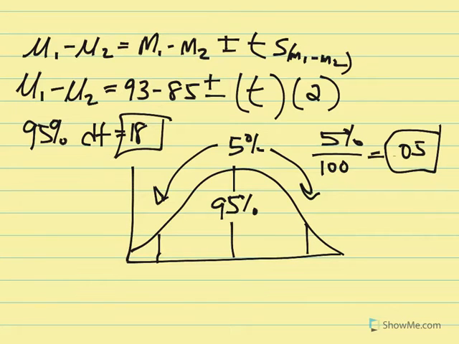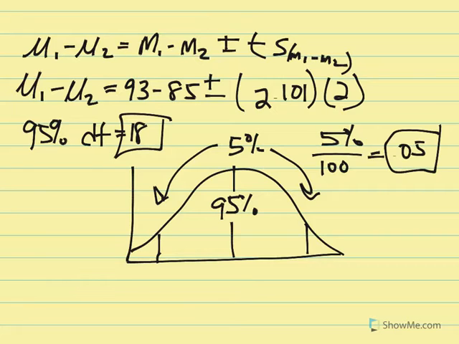Okay, so now we have figured out what our t value is equal to, so I'm going to put that in our equation here. So that's 2.101 multiplied by 2. And again, the positive negative here is so that we are able to calculate a mean difference to the left of the center and to the right of the center.